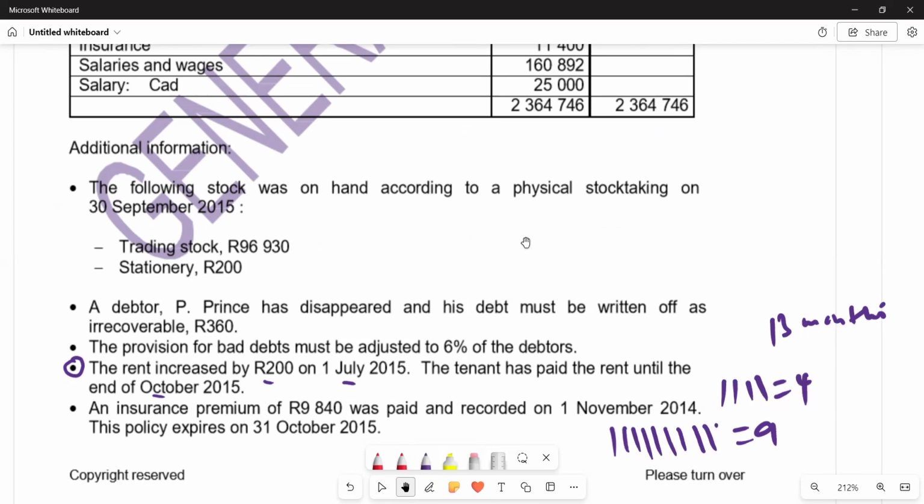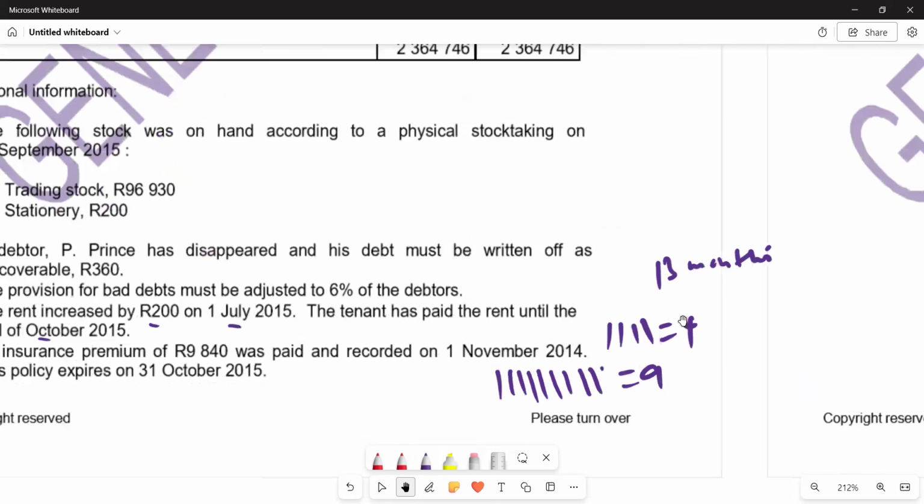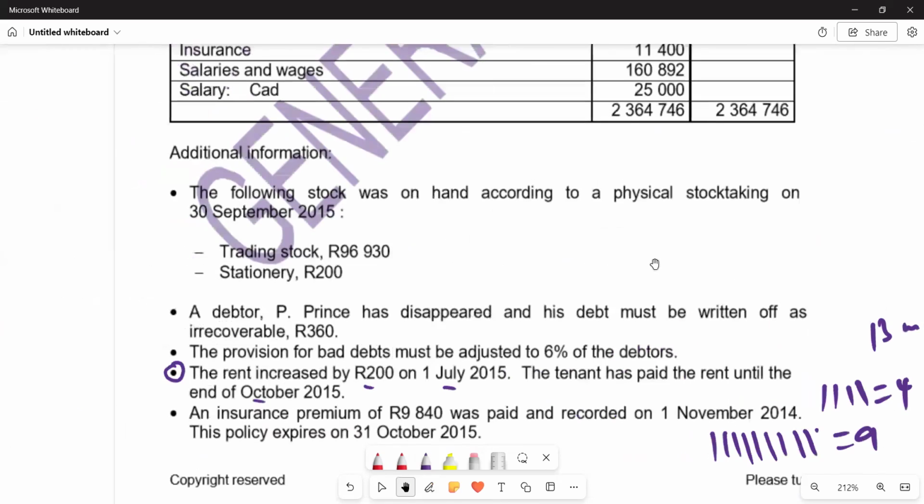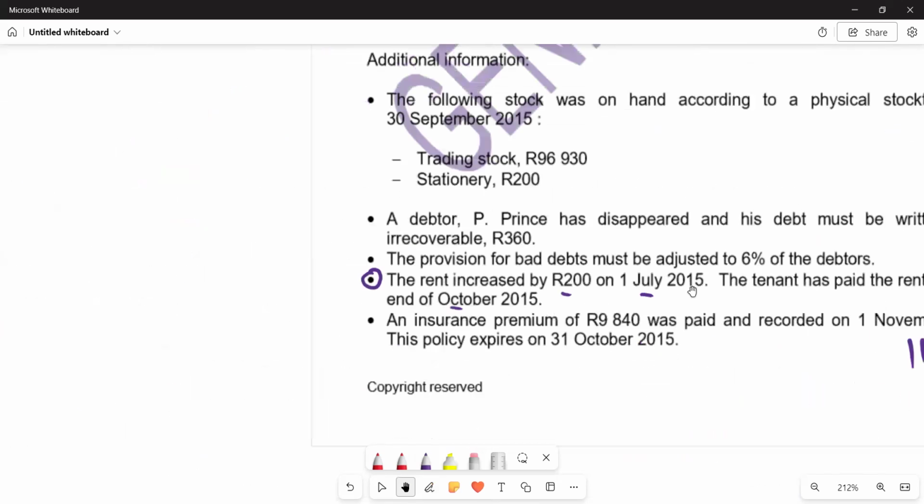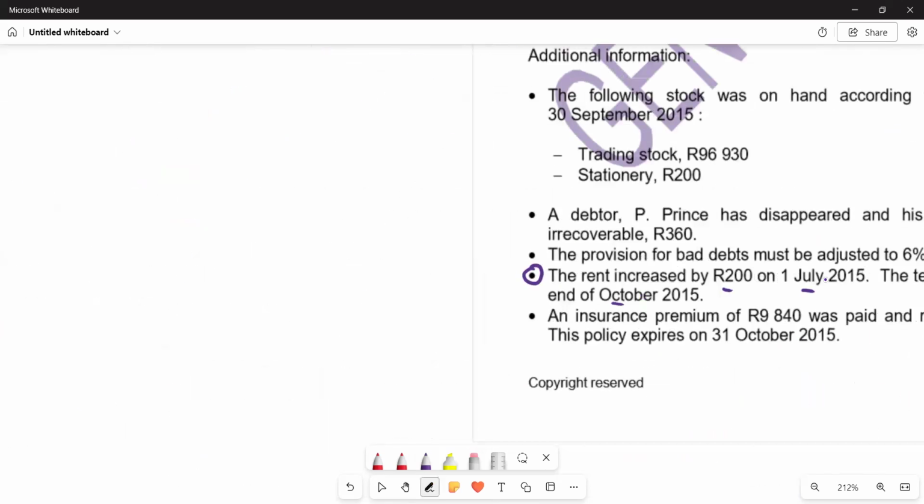Let's put our formula there. We have 9 months before it was increased. Let the rent be X before it increased. So it was for 9 months, so 9 times X gives the rent for 9 months. We don't know the monthly rent before it increased.